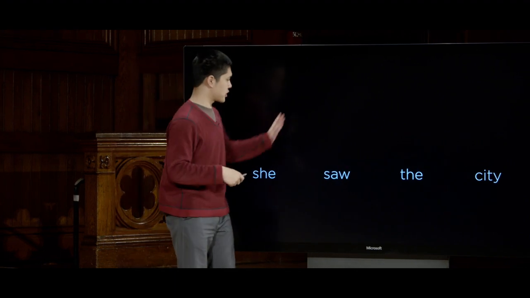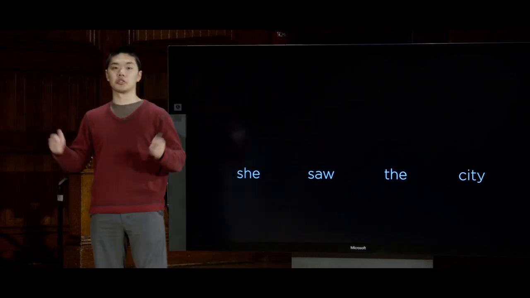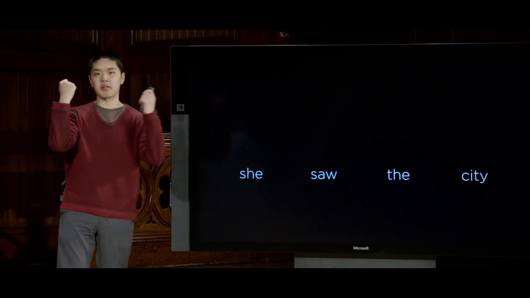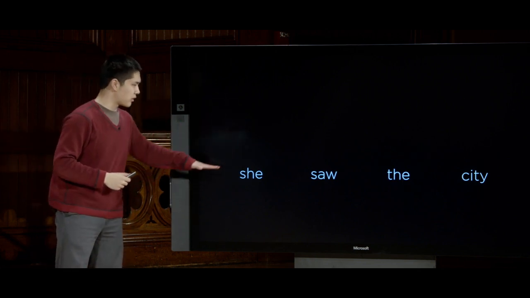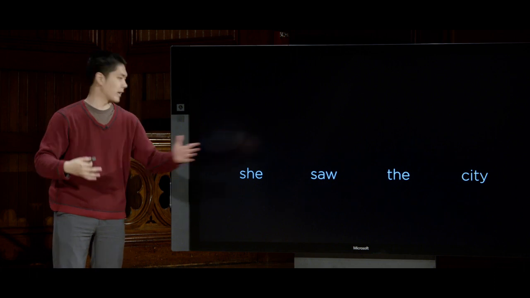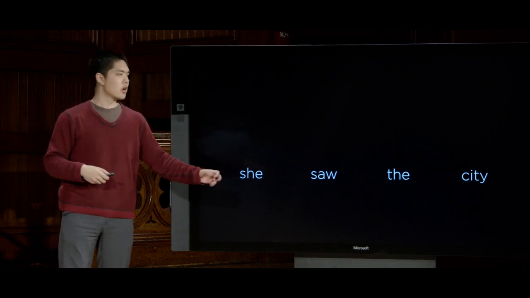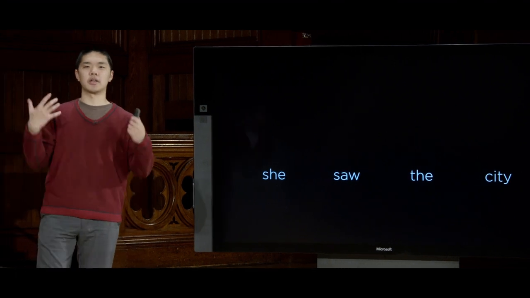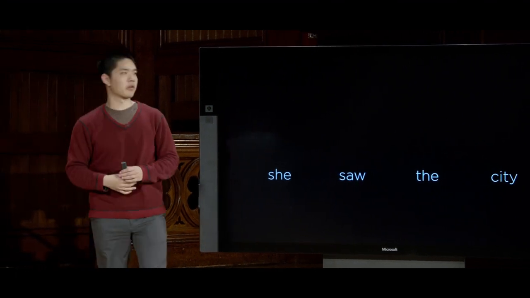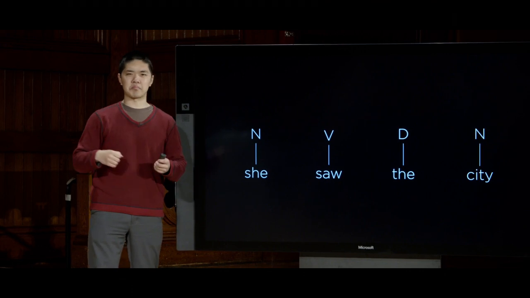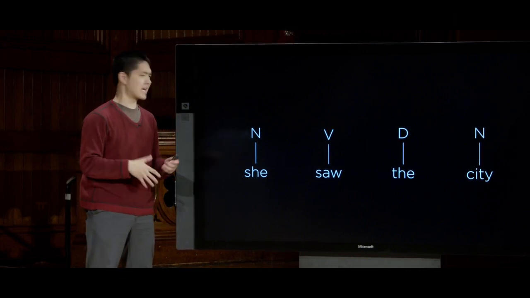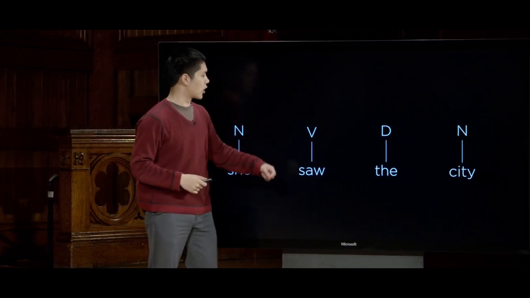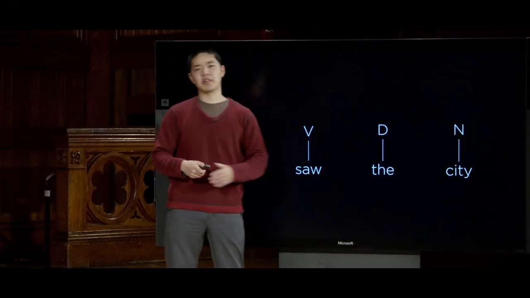Each of these words, "she saw the city," we are going to call terminal symbols. They are symbols in our language, where each of these words is just a symbol, where this is ultimately what we care about generating. We care about generating these words. But each of these words we're also going to associate with what we're going to call a non-terminal symbol. And these non-terminal symbols initially are going to look kind of like parts of speech, if you remember back to English grammar, where "she" is a noun, "saw" is a V for verb, "the" is a D. D stands for determiner.